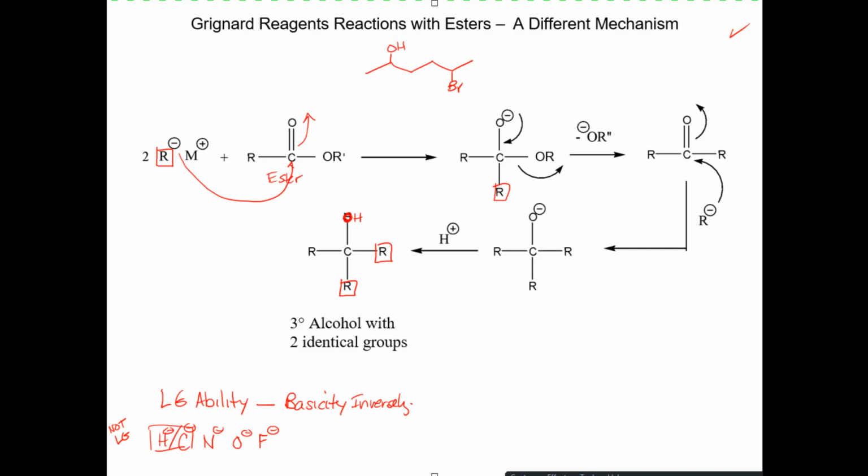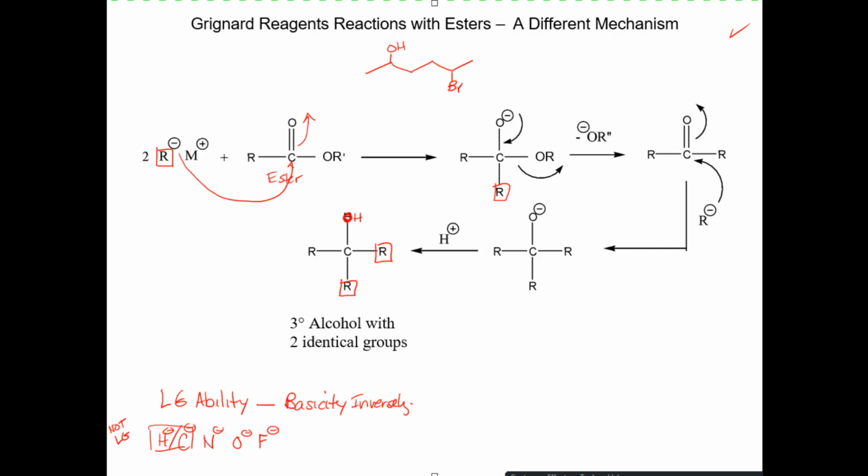Yes, we can cleave carbon bonds. Yes, we can cleave carbon-hydrogen bonds, but those are not the majority of the reactions that we do. Normally, we're just changing functional groups. So having carbon and hydrogen being your worst, or in this case, never leaving groups, kind of makes sense. So those groups will never leave.